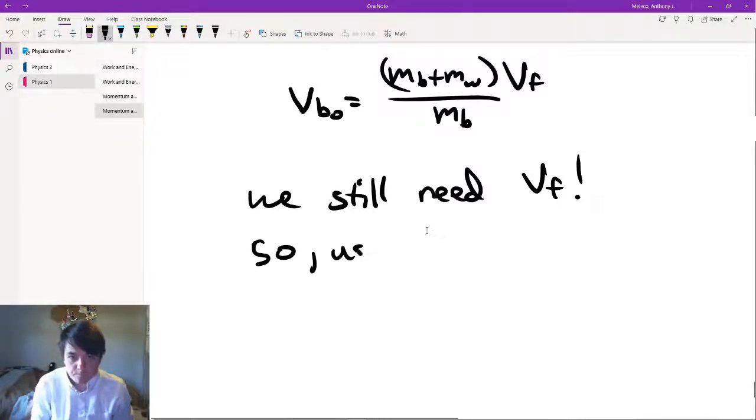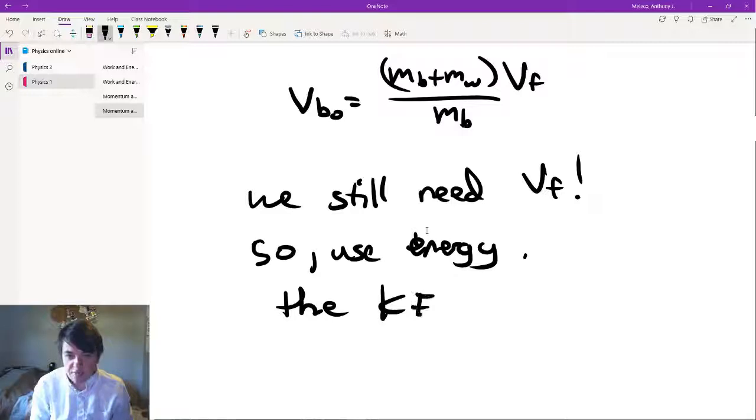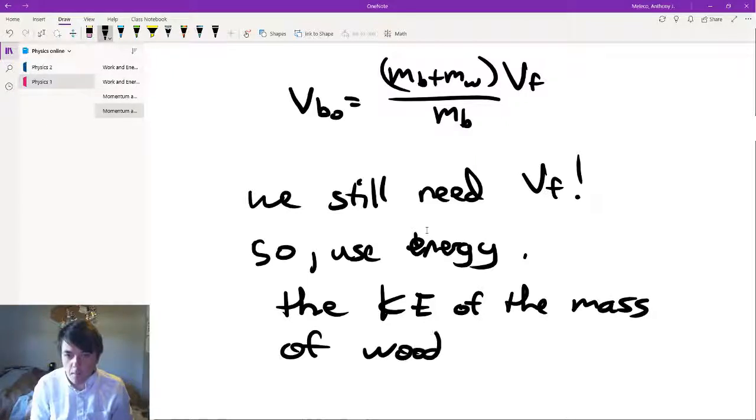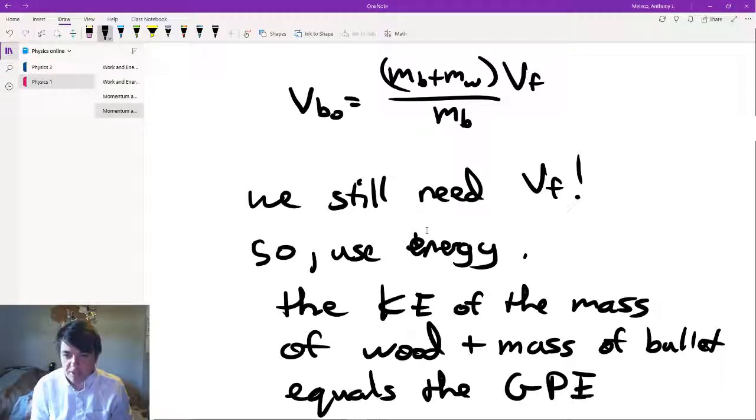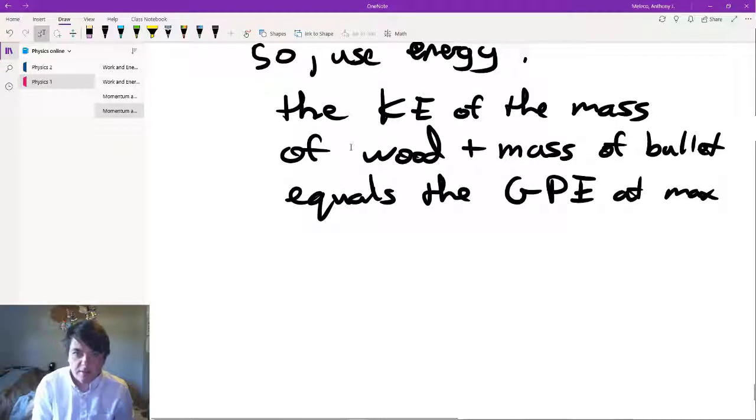So use energy. The KE, so the kinetic energy of the mass of wood plus mass of bullet equals the gravitational potential energy at max height.